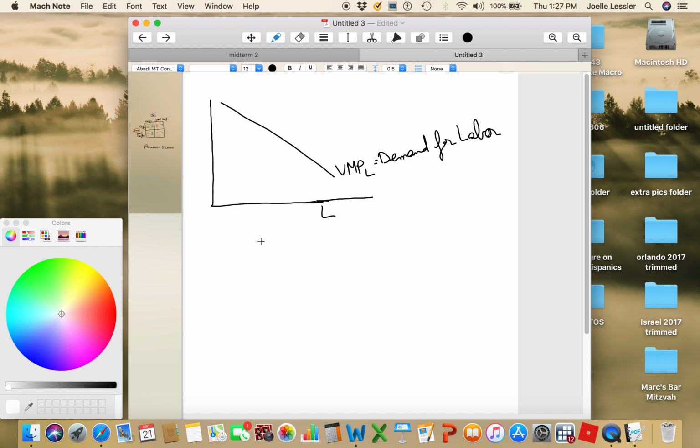Well, since we said the value of marginal product of labor is either equal to price times marginal product of labor or marginal revenue times marginal product of labor, the demand for labor is going to be affected by the price of my product, right?